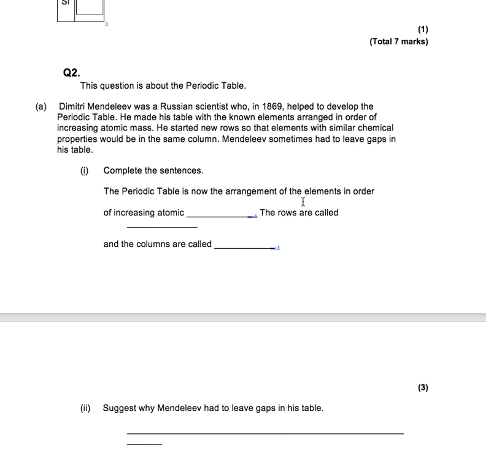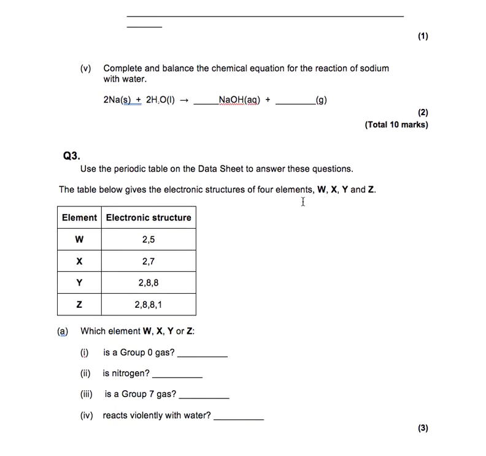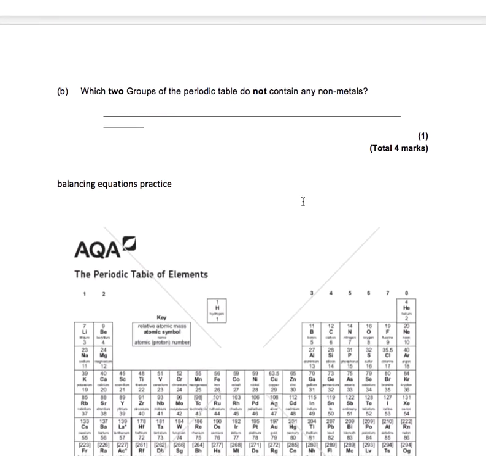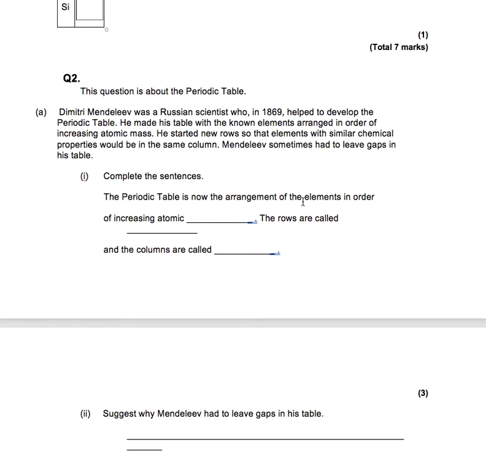I will leave you to do questions 2 and 3 for yourself. So stop the video and then come back to me having done those. So, the periodic table is now the arrangement of the elements in order of increasing atomic number.